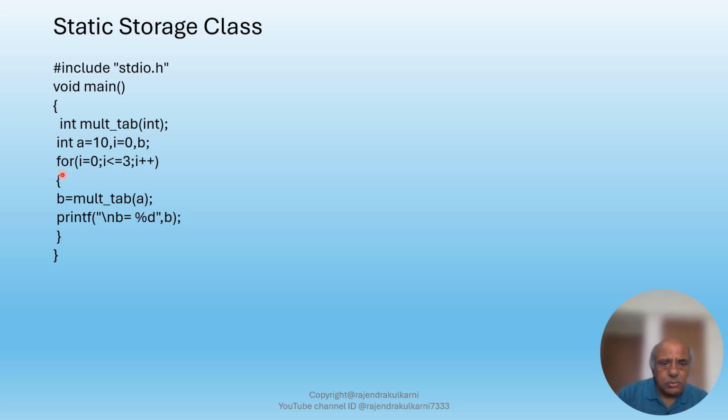In this for loop, we are incrementing the value of i by 1 whenever the loop executes, and when i less than or equal to 3 becomes false, the loop will terminate.